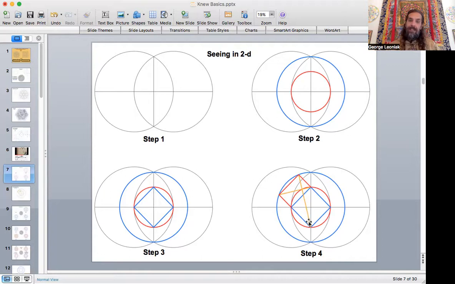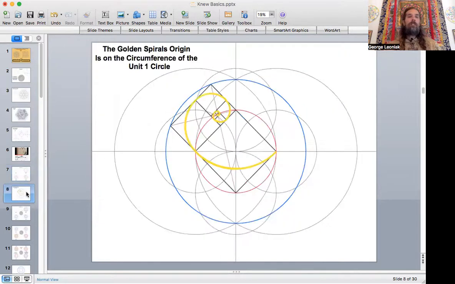And this is the interesting thing. When we locate the point of origin of the spiral, it's at this cross point. And that is going to be a very interesting question throughout the remainder of our discussion today, that this point is the origin of the spiral.